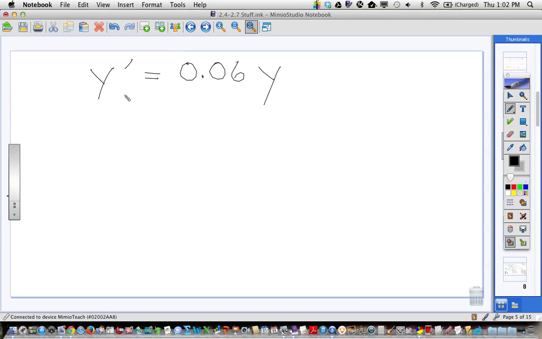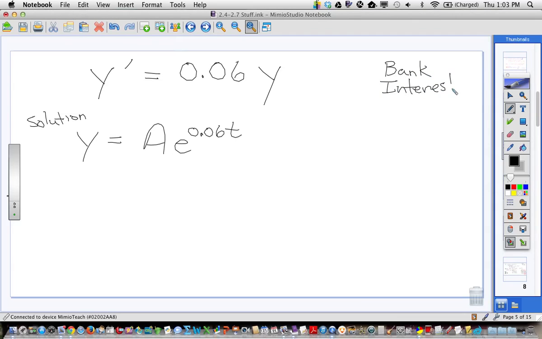So as soon as we see that, we know immediately that the solution to that is a e to the 0.06t. Now, this example is compound interest. Think about what this is saying.